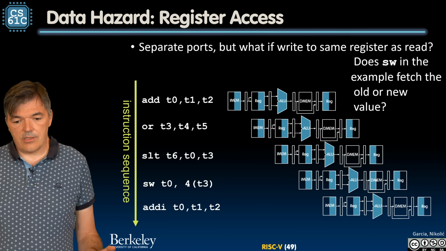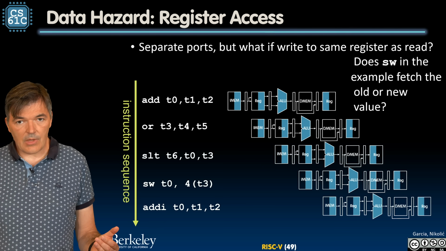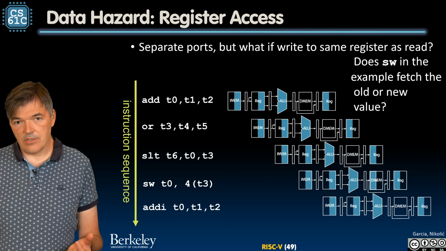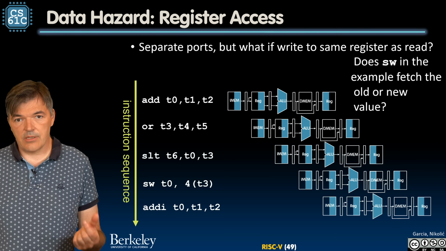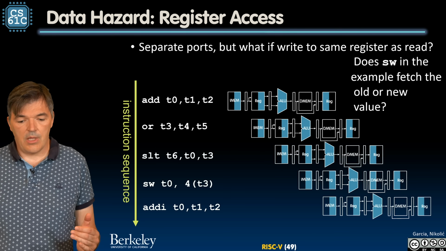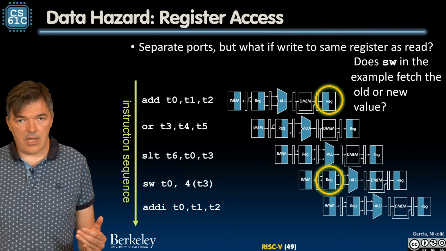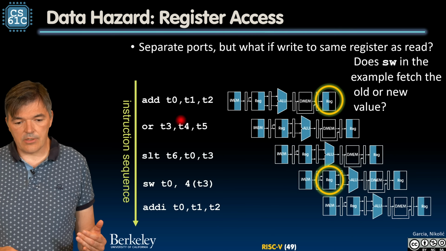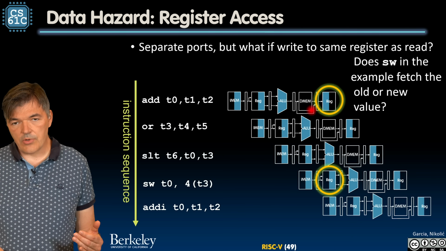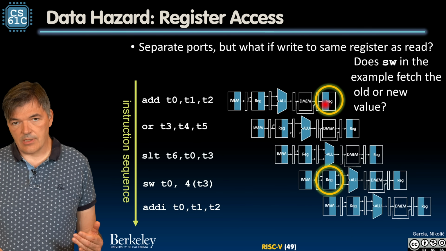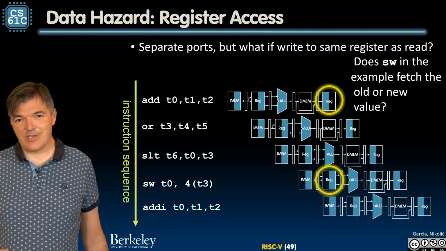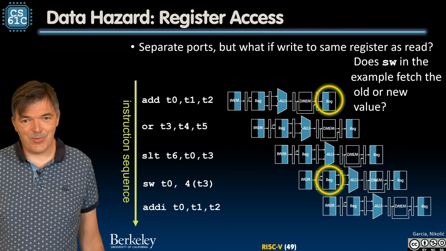The answer to that is that the register files are designed to support single cycle read-write operation. What does that mean? That means that the add instruction that we have here is going to write during the first phase of this cycle, write back, and complete writing in 100 picoseconds, as we said before.